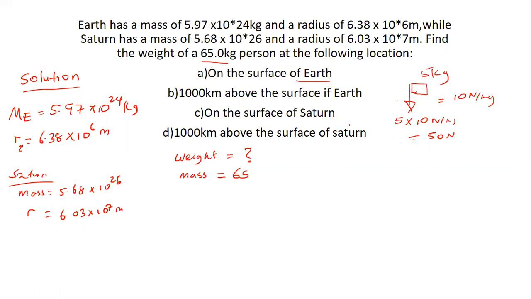When you have the gravitational field strength, that's what you're looking for, right? The gravitational field strength, which is represented by g, depends on two things. What are they? It depends on the mass and the distance.